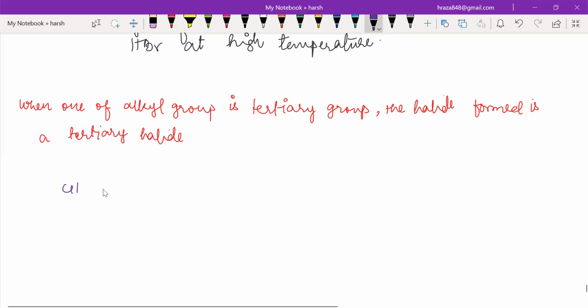Like if you have this compound, you can see one is tertiary and one is only CH3, primary.